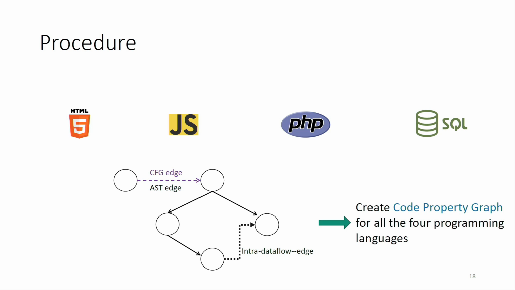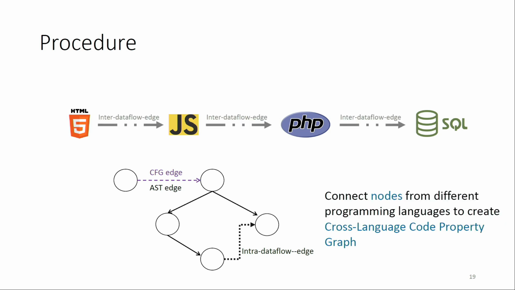And then we connect all the languages together to infer how the source from one language, how the sink is connected to the source of the other language, how those different languages are interconnected. It will give us the complete picture of how each of those pieces of personal information is being stored and processed in the application.